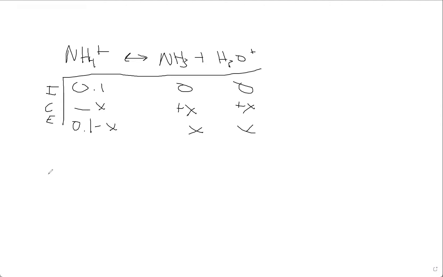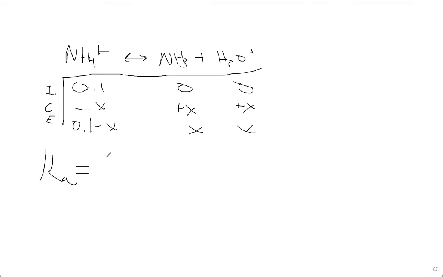Okay, so tell me what the Ka is. Well, K would be NH3 times H3O plus over the NH4. So if you solve for the Ka knowing the Kb, you should get 9.26.